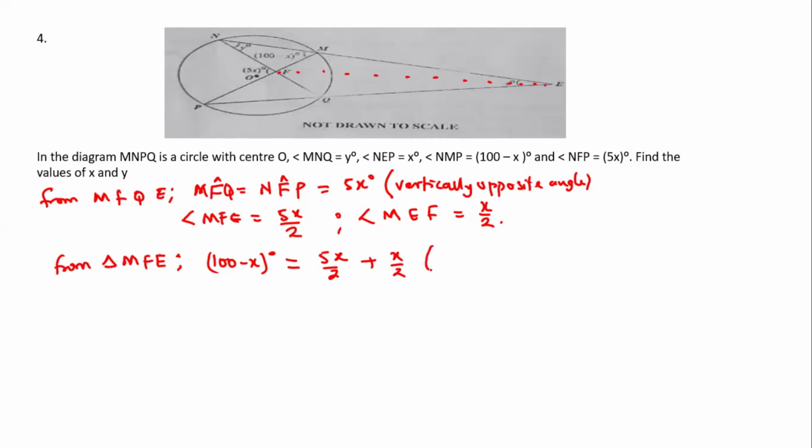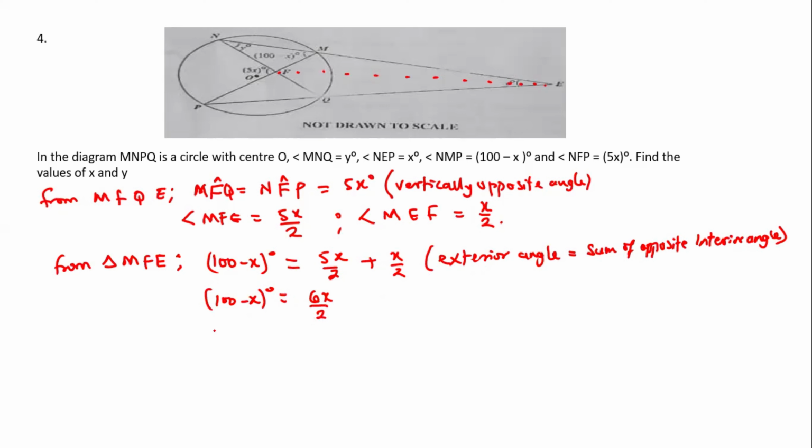What's the reason for that? Exterior angle equals the sum of opposite interior angles. So that means 100 minus x degrees is equal to 6x over 2, and that is 100 minus x is equal to 3x.